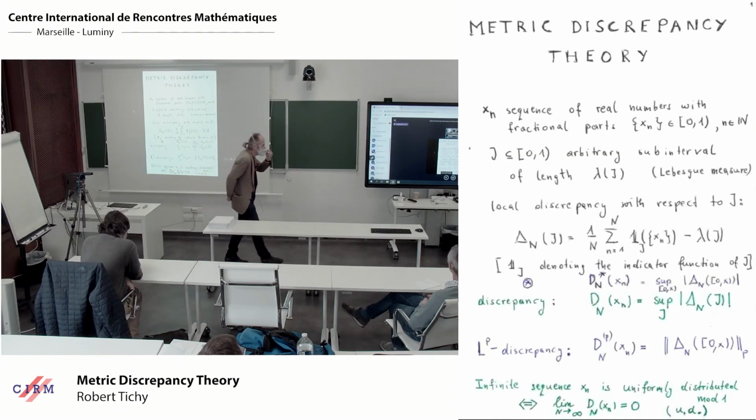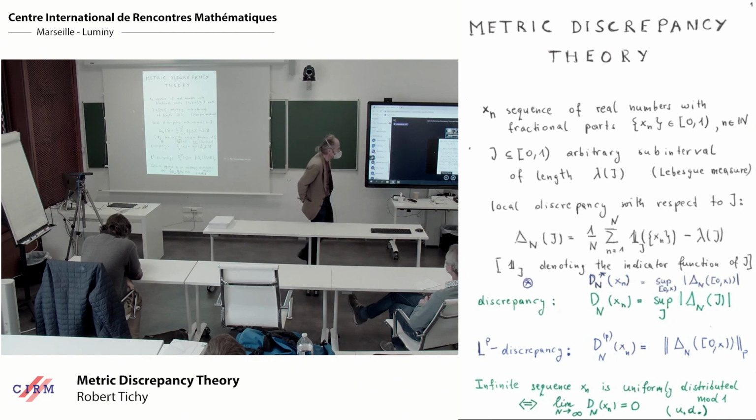We'll discuss now metric, that is, probabilistic properties of discrepancy for one-dimensional sequences. To measure distributional properties, we consider first the local discrepancy with respect to a given subinterval of the unit interval.